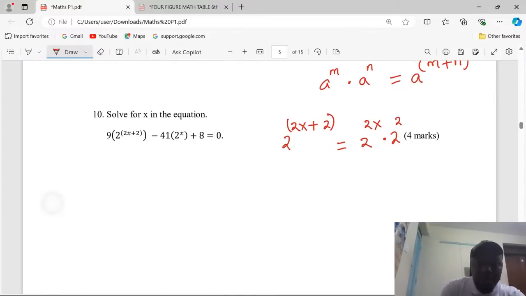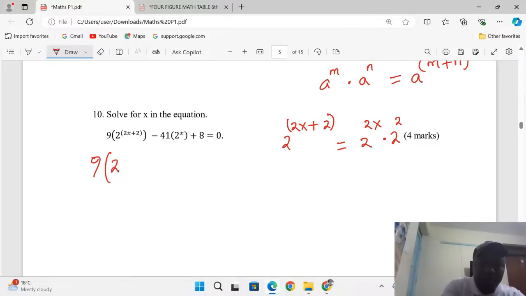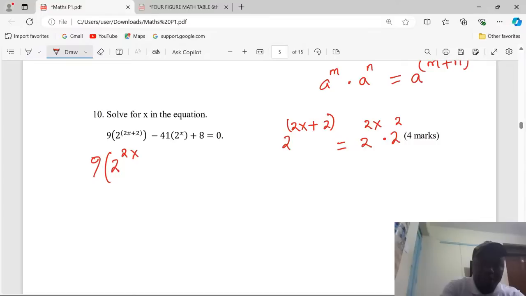And now, instead of this, we will have 9 multiplied by 2 power 2x. Then we also multiply by 2 power 2, which is 4.